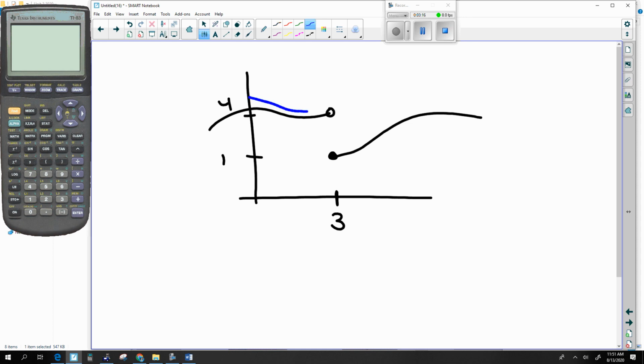And so the limit from the left-hand side says that, oh, that should be 4. But the right-hand side says, oh, no, that should be 1. So what is the limit as x goes to 3 in this situation? It does not exist. Abbreviation DNE. The limit does not exist in this situation. All right, so that is a situation where it doesn't exist.